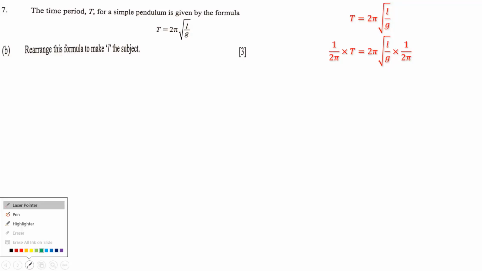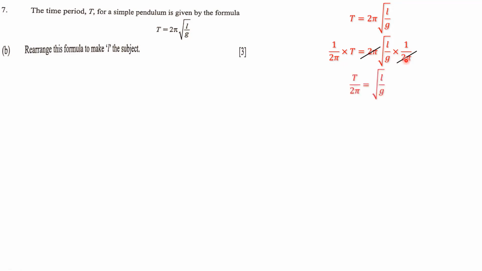And so once we multiply by the opposite, then we can cancel out. The 2 pi here and the 2 pi here cancel out each other, leaving us with just 1 times the square root of L over G. So that's just going to be the square root of L over G, because 1 times a quantity is the quantity itself.